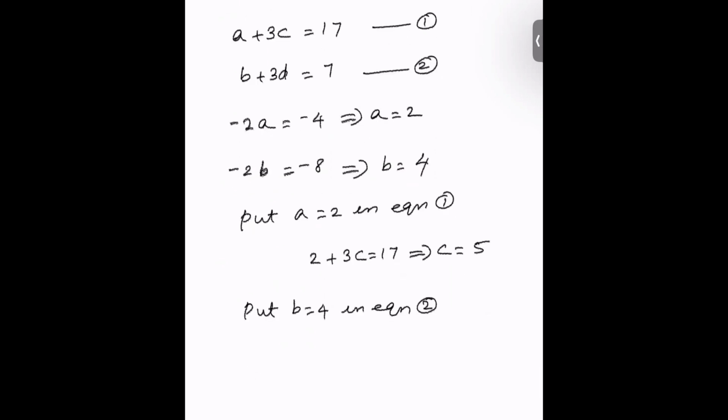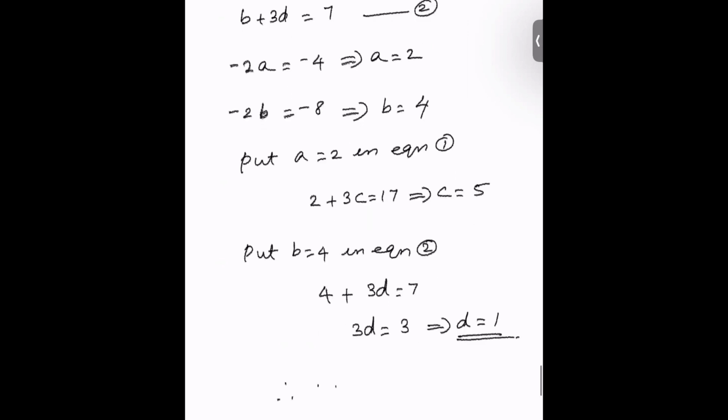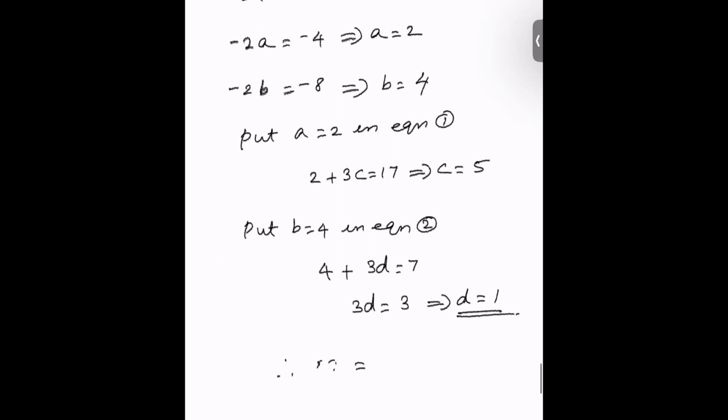It will be 4 plus 3D equal to 7. 3D equal to 3 implies D equal to 1. So therefore, how will M look? A, B, C, D is what I told you, right? So 2, 4, C is 5, 1. This is my M matrix. 2, 4, 5, 1. In the place of A, B, C, D, you put the corresponding values.